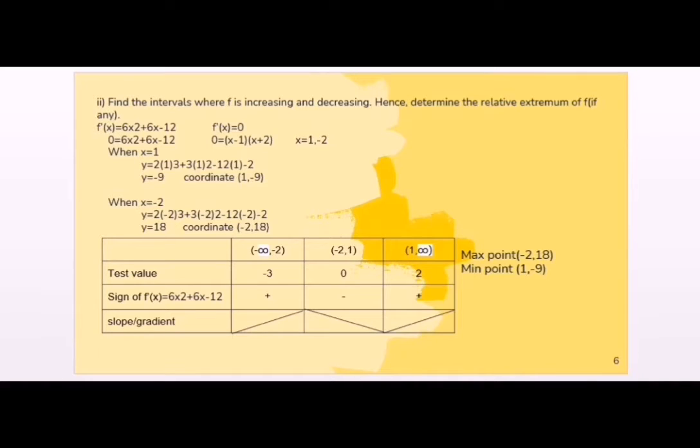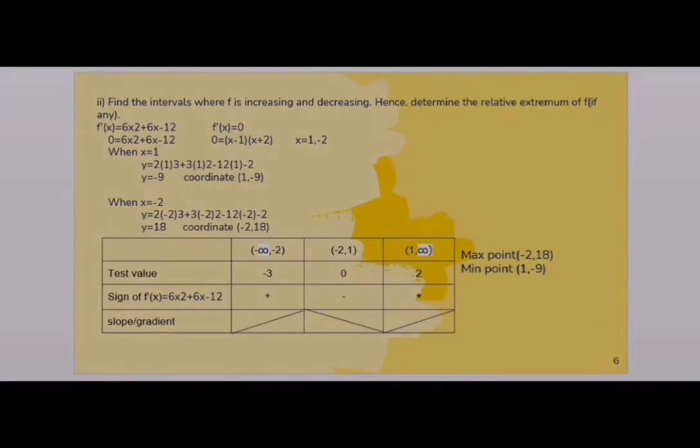From these signs we can determine the slope: for the positive sign, the slope is increasing, while for the negative sign, the slope is decreasing. On the side we have the maximum point and the minimum point. The maximum point is (-2, 18), and the minimum point is (1, -9).